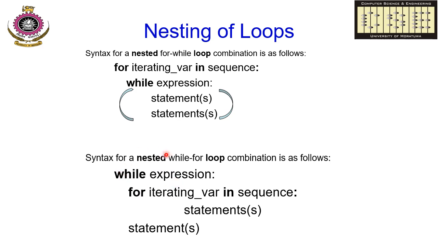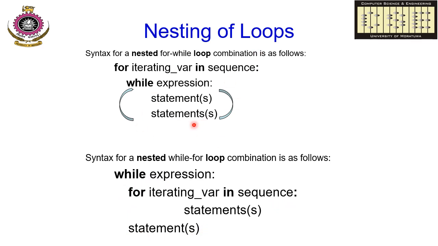The next example is the syntax for a nested while for loop, so the order is reversed. The outer loop is a while loop and the inner loop is a for loop. You have statements within the while loop. You have the for loop, and the for loop's body is indented here, and the while loop's body contains the whole for loop as well as more statements.